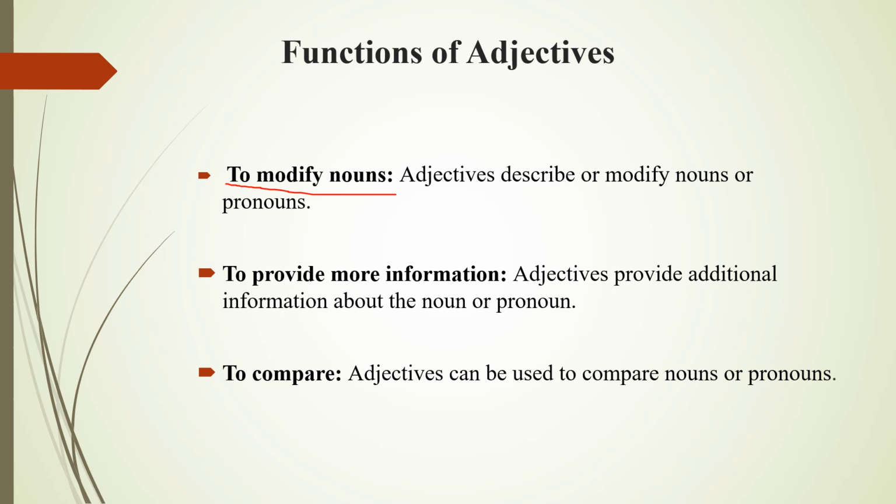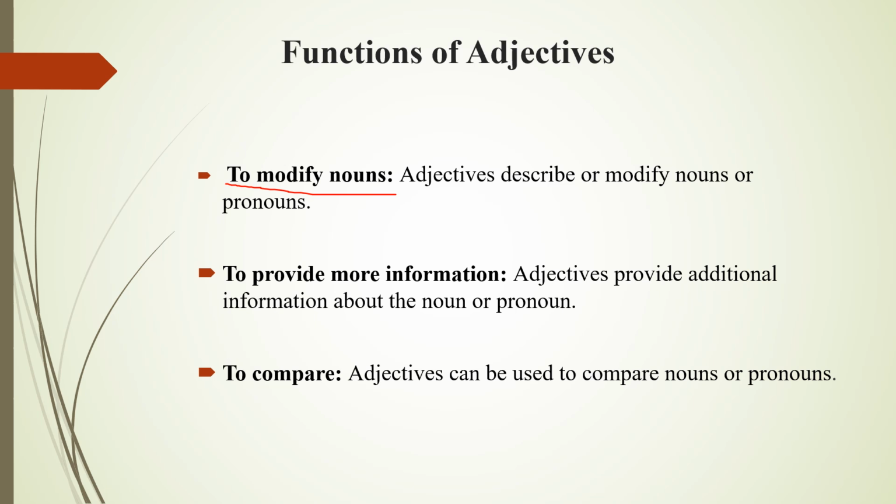Suppose we say she is a blue-eyed girl. Here you see that the adjective is modifying the noun. Then, to provide more information regarding the pronoun or the noun. Sometimes they provide additional information regarding the noun or the pronoun, and sometimes they are used to compare nouns or pronouns.